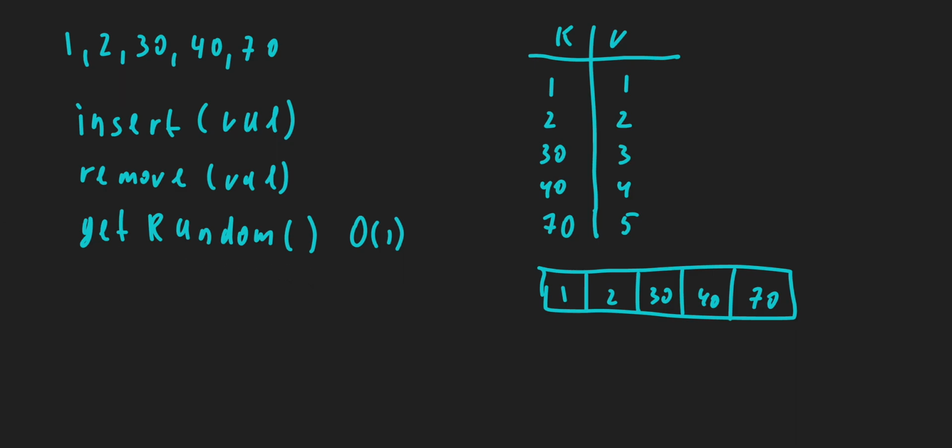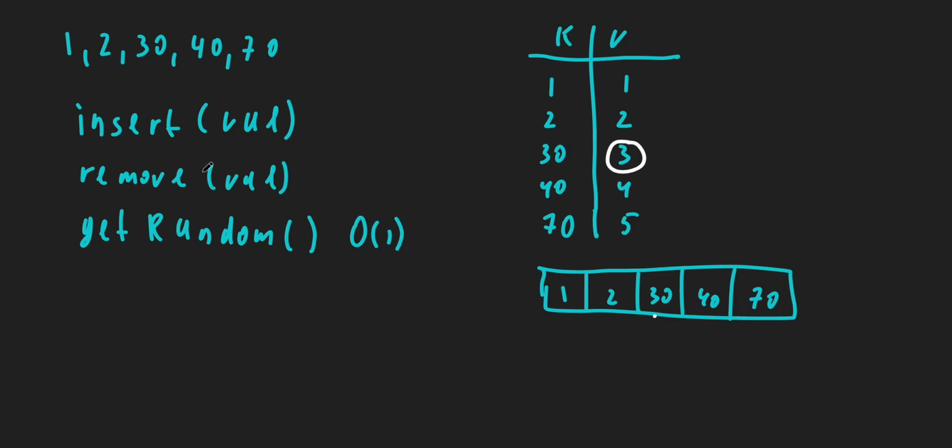Let's say that randomly we are choosing 3 in this case. We need to know the value associated with the 3, so we look in our array for that value. The minus 1 is because this is a 0-based index. So we are taking the value of 30, and we are returning that value.